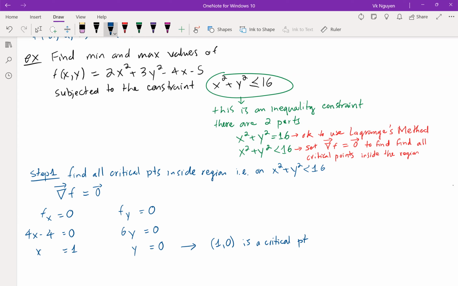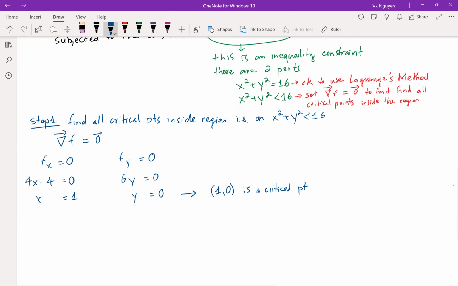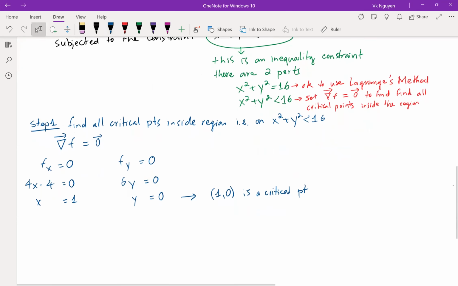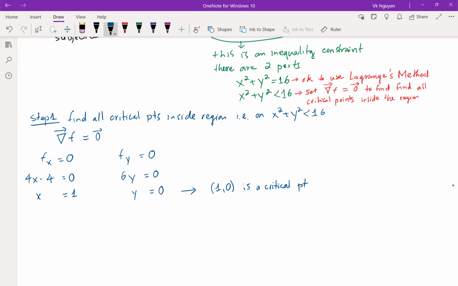Now we're going to use the Lagrange method to take care of all the extreme points on the boundary of the region.